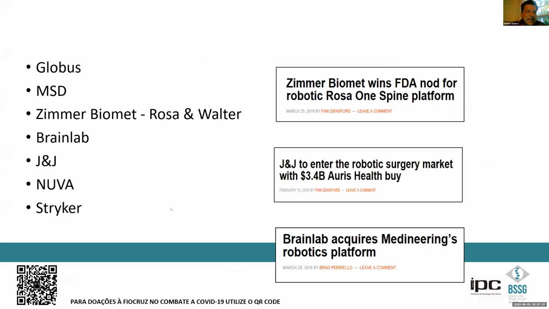If they don't have one, the first 4 on this list have essentially come out, and the first 3 have a robot actively in the market, and then the remaining 4, at least as it stands today, have all made huge waves towards acquiring these technologies, and people are spending billions of dollars. J&J bought Auris for $3.4 billion. This is something that is coming, if it's not already fully here, it is actively coming more and more, and people are going to continue to be talking about these technologies without question.